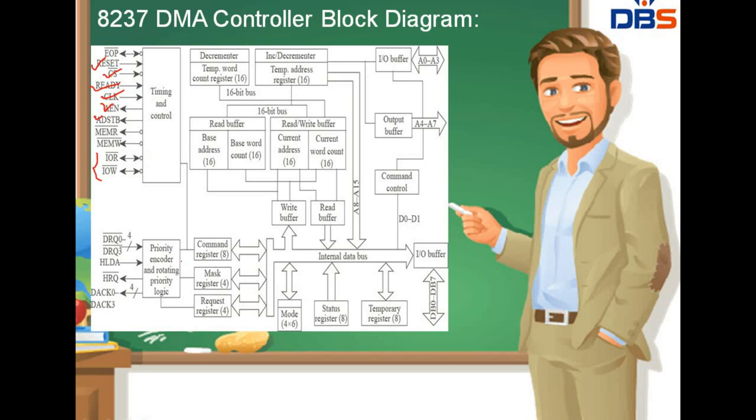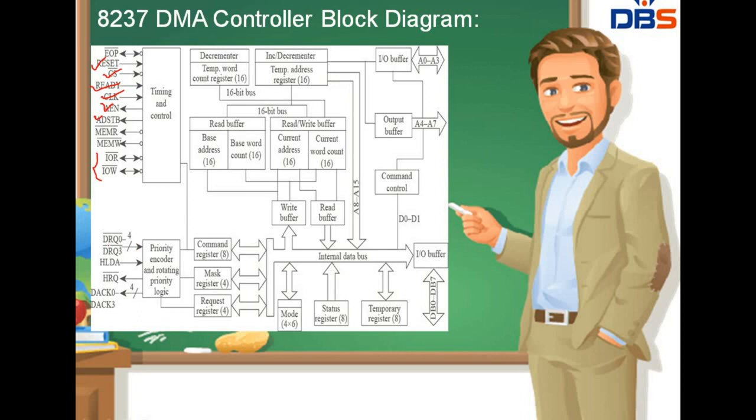Coming to the next block, the priority encoder and rotating priority logic. Here we have 4 channels: channel 0, channel 1, channel 2 and channel 3. Channel 0 has the highest priority, whereas channel 3 has the least priority. The priority encoder decides what type of priority is given to the channels, and they can also be arranged in a rotating priority logic.